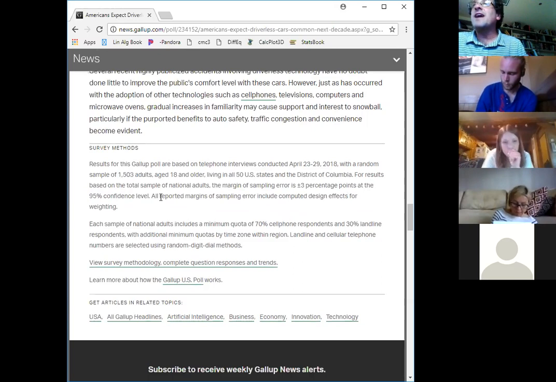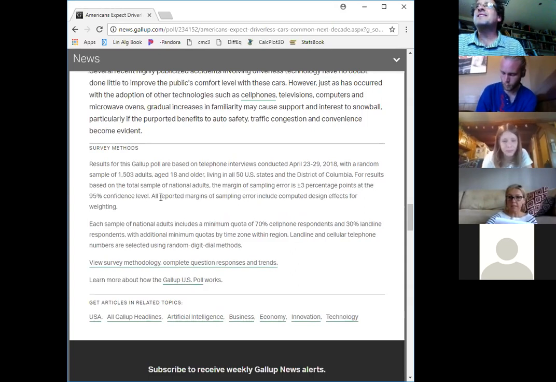So if you go down 3% and up 3%, what's your range? Six? It's 6, but it goes from what to what? From, what is it, 92 to 98?